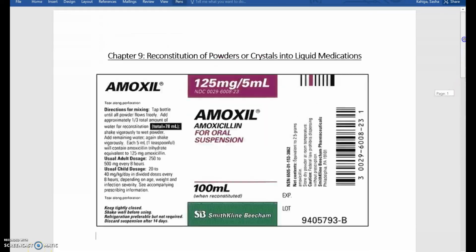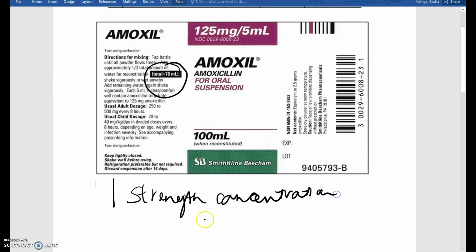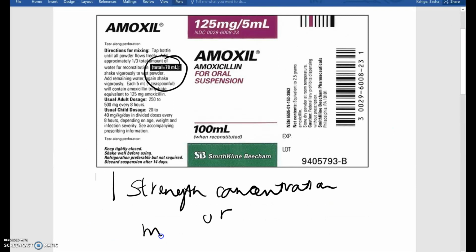A single concentration medication means that when you add your diluent volume to the powder, do you get one strength, one concentration, or do you get multiple strengths, multiple concentrations?